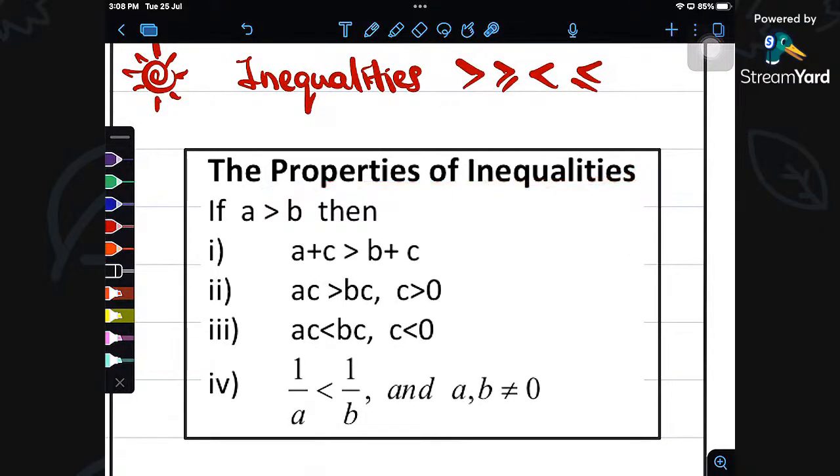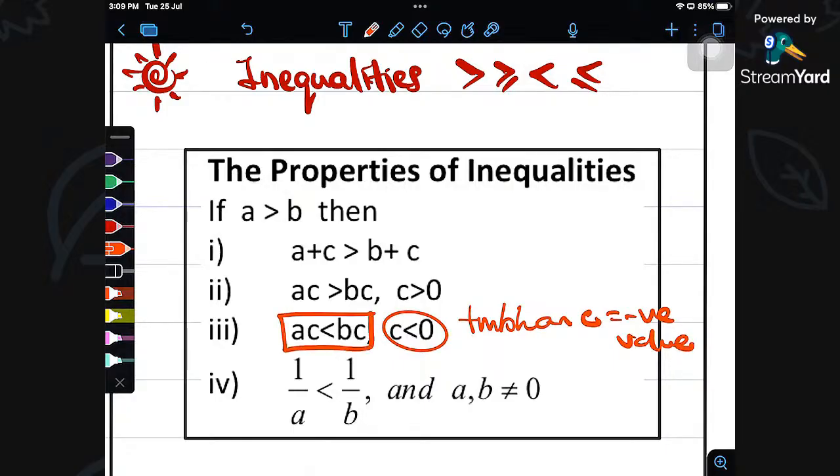If the problem is in the form A is more than B, let's say this is just the beginning. If A is greater than B, and if C, this is an additional number, where C is a negative value, then when C is a negative value, its symbol will change. This is what I'm talking about.